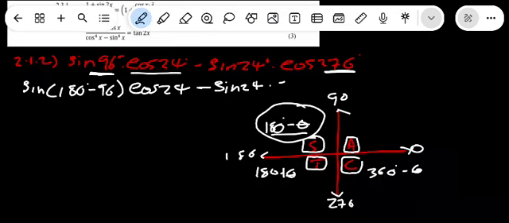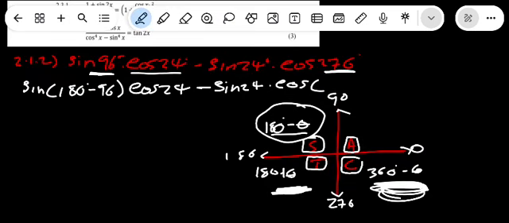So where does cos 276 lie? On the third quadrant? Let's check. 270 is here. No, it lies on the fourth quadrant, where the rule is 360 minus theta.